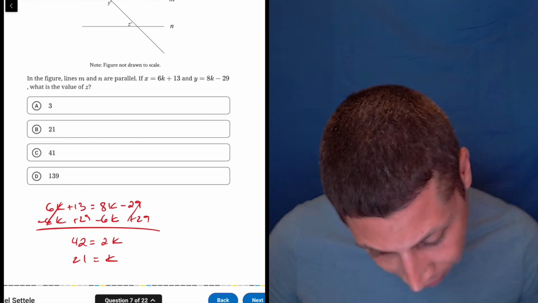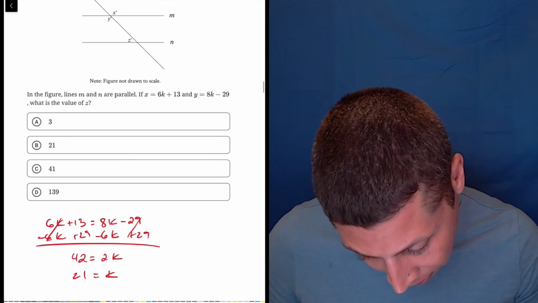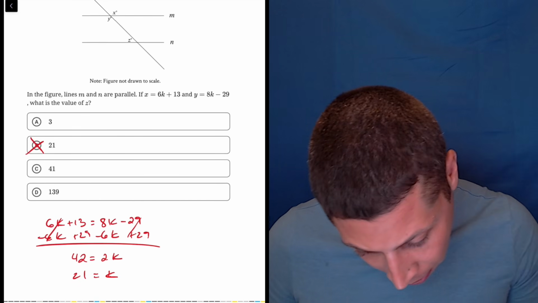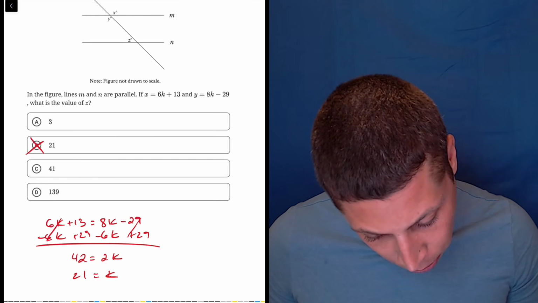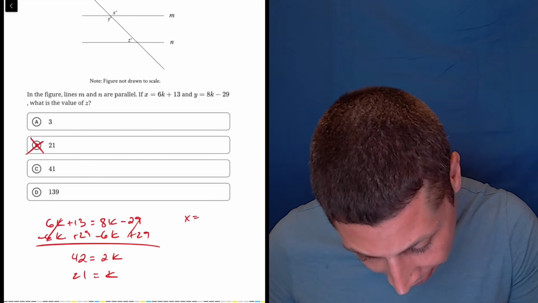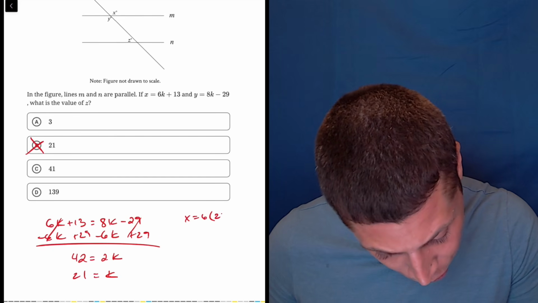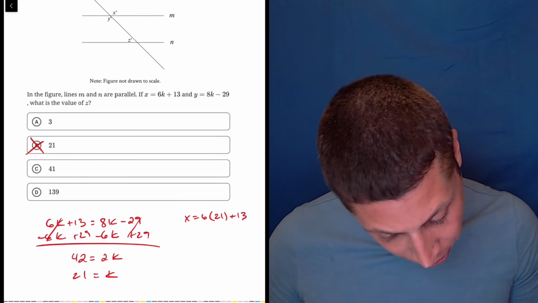But they don't want that, right? So be careful, this is a trap. They want the value of z. Z is not equivalent to X or Y, but I can get it. So let's just go back to X is 6 times 21 plus 13.